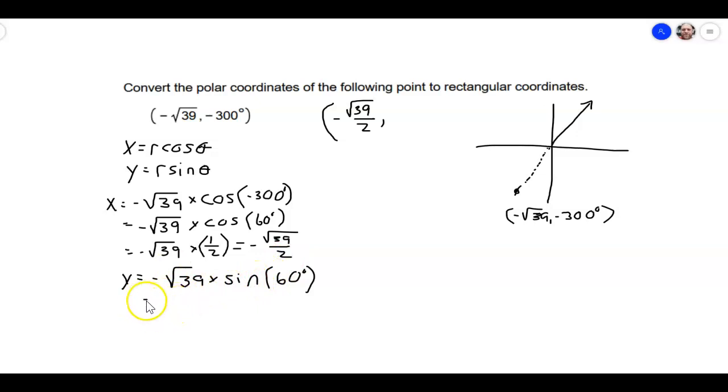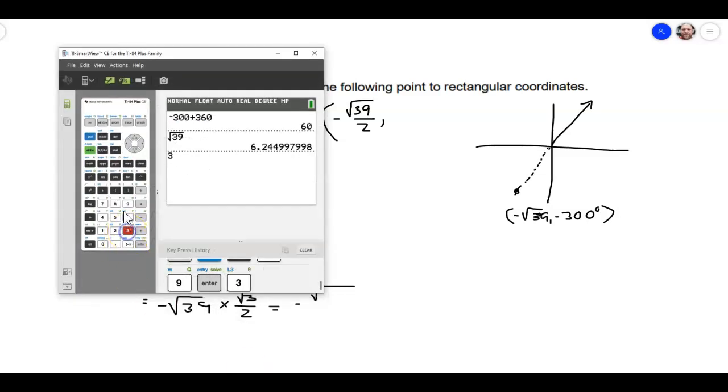So that is equal to negative root 39 times the sine of 60 degrees. That's the square root of 3 over 2. So that's going to be negative root 39 times 3.